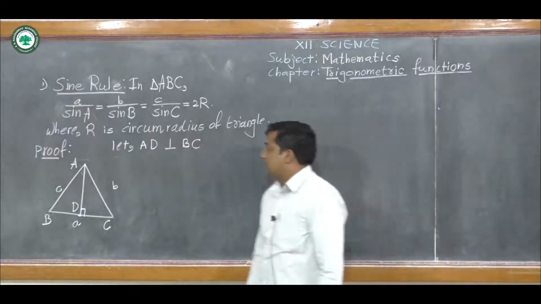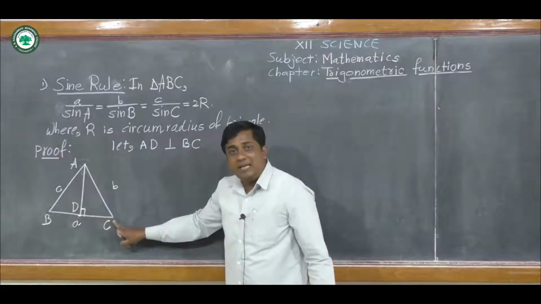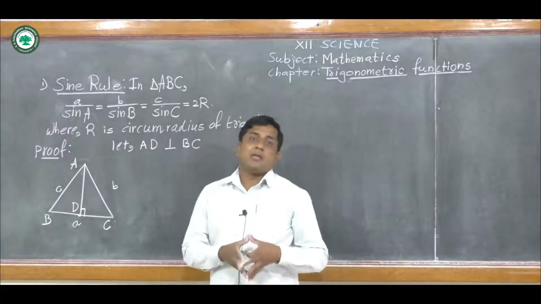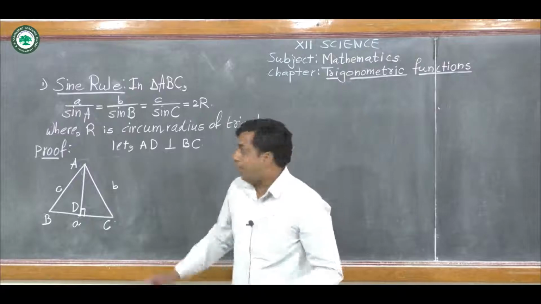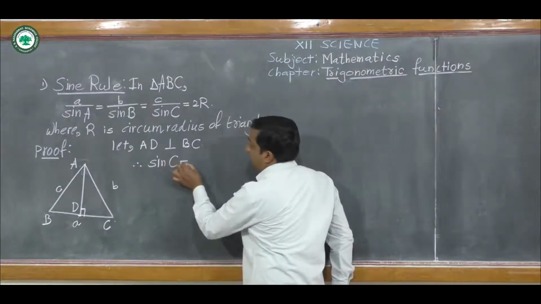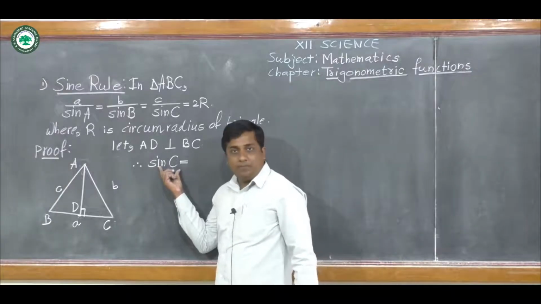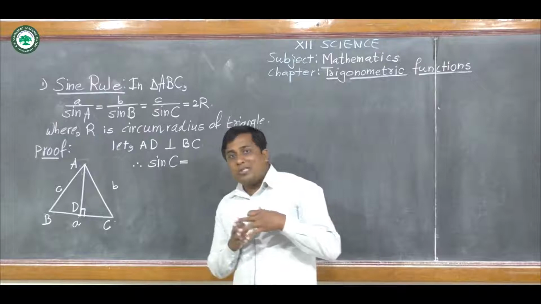Now we consider triangle ADC, which we know is a right angled triangle. We define sine C here. Therefore sine C is equal to the opposite side over the hypotenuse.